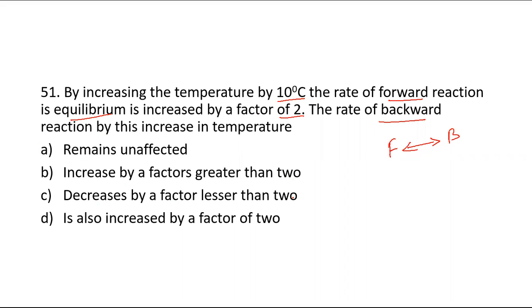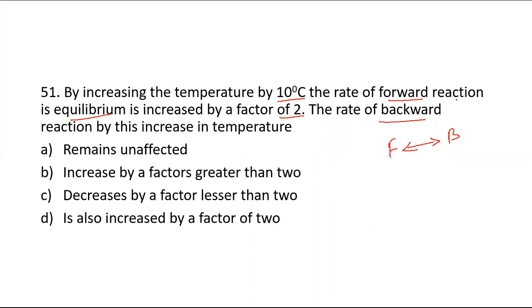Let's see, here some 2 is given. Option B, increased by a factor greater than 2. No, it remains unaffected, therefore it is not greater than 2. Decreases by a factor lesser than 2. No. Then option D, it is also increased by a factor of 2. Yes.